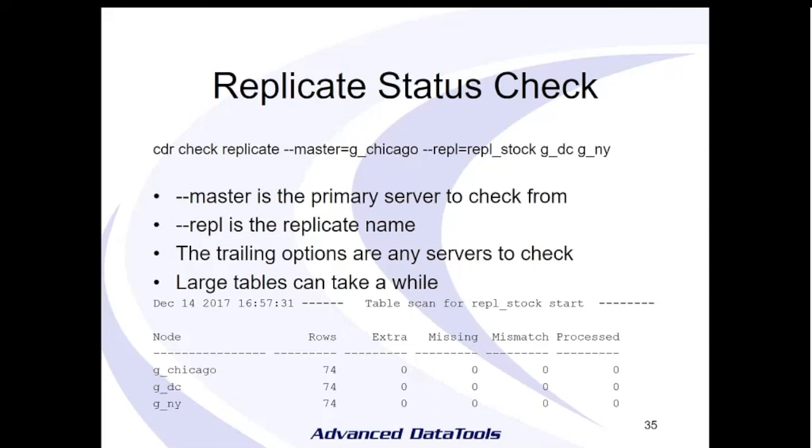And it will use a fair amount of logs during the process, especially if you're doing a repair, which I'll talk about in a moment. And so it runs and it comes back with this here. So we're seeing the number of rows, if any are missing, mismatched, et cetera. So this will actually go through and validate your data for you.